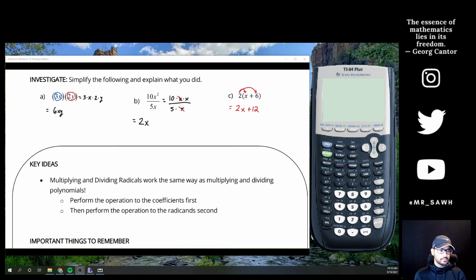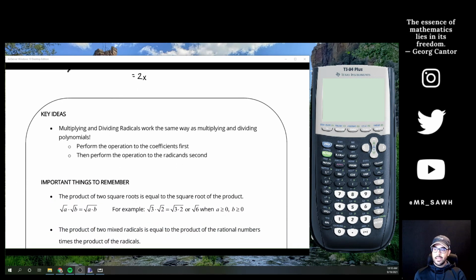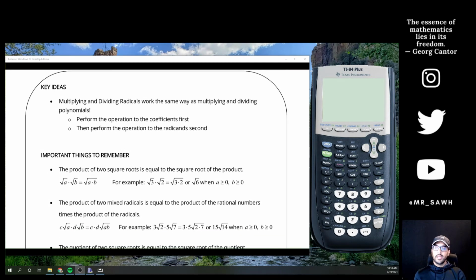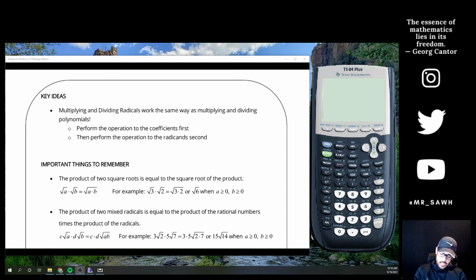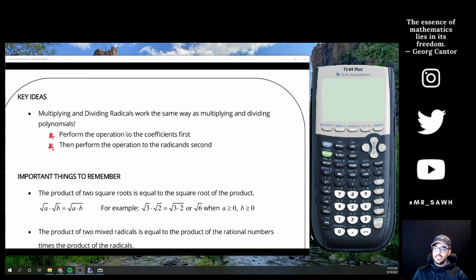And underneath here, it's a good spot to come back to because it has a lot of information, but it's very overwhelming to read it all. Now the two parts that are important here are really these top two bullets. When we're going to multiply and divide, it works the same way as polynomials. So perform the operation to the coefficients, right, the numbers on the outside, then perform the operation to the radicands.